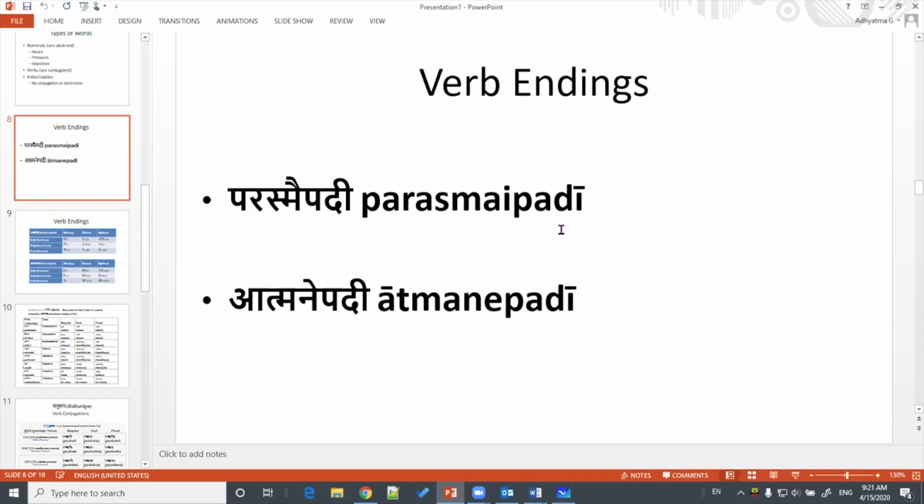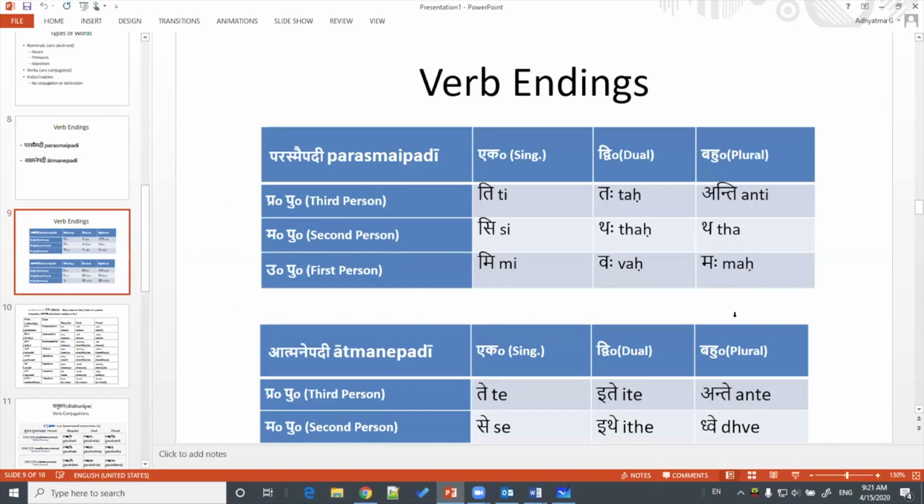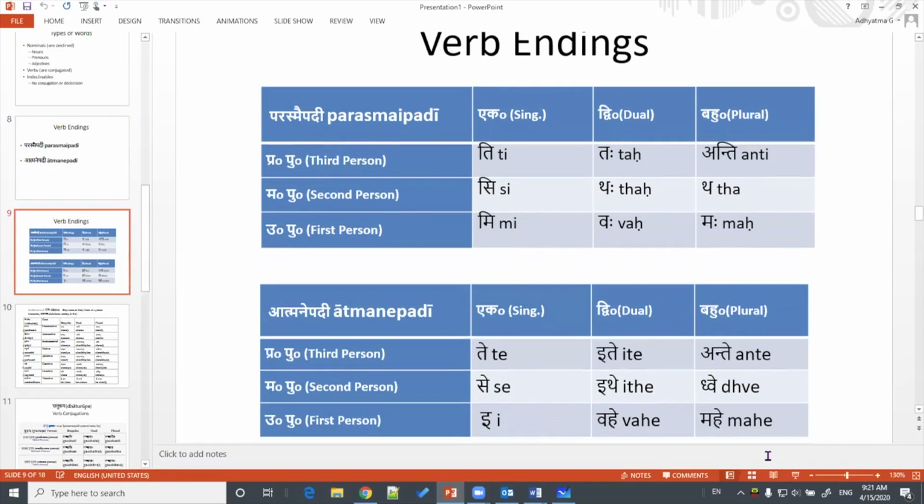Parasmaipadi is a certain type of ending. Just understand it in this manner: there is a certain set of endings which is called parasmaipadi, and there is another set of endings which is called atmanepadi. This choice of words in Sanskrit is a little interesting, and here I'll show you how these verb endings look.